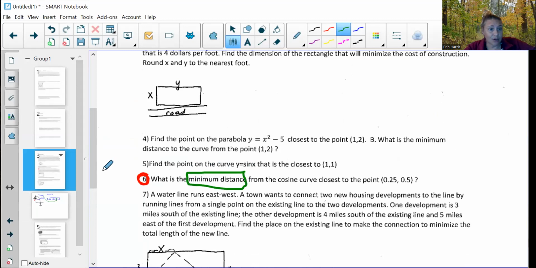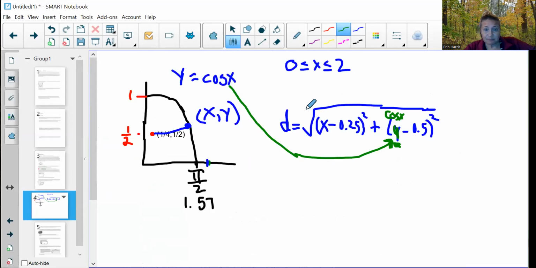So when I'm entering this into my calculator, this is my y. The distance is the y value. So if you recall, we got x coordinate, and then we got y coordinate. The y coordinate is the actual distance to the curve. And I believe that was 0.44.